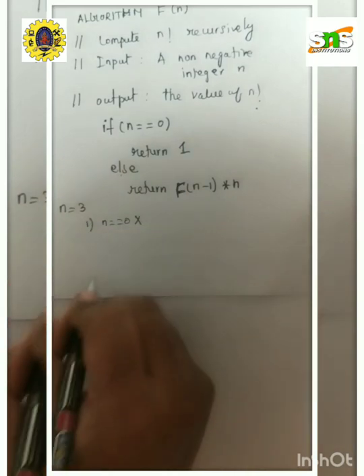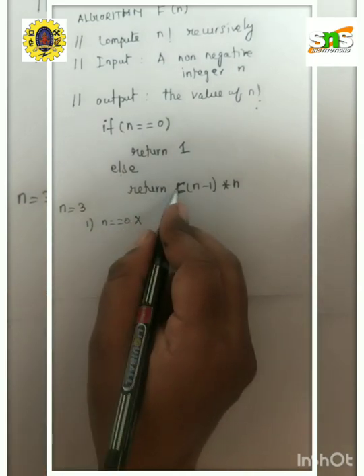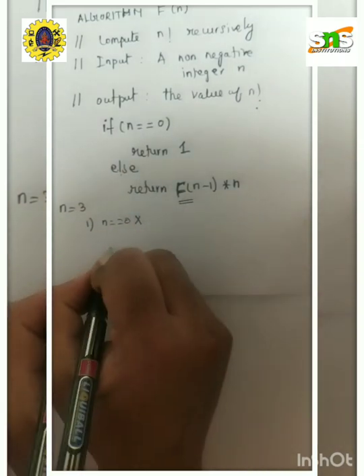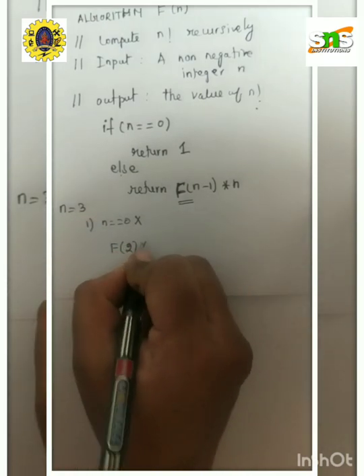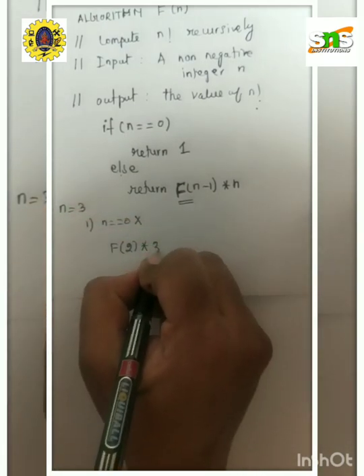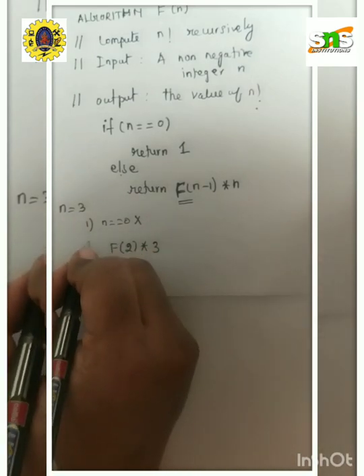Next, it will execute the else part. In the return statement you have a recursive call f of 3 minus 1, that is f of 2, star the current n value 3. This is the first execution.